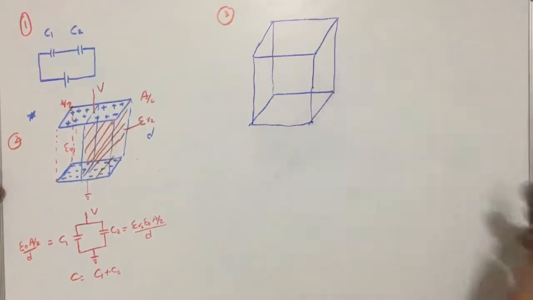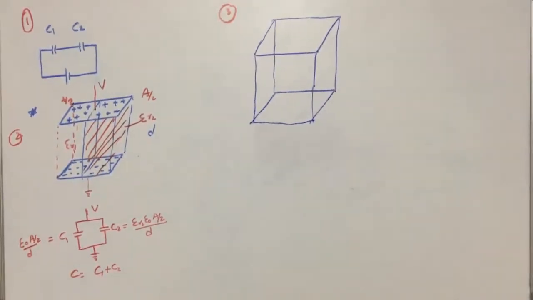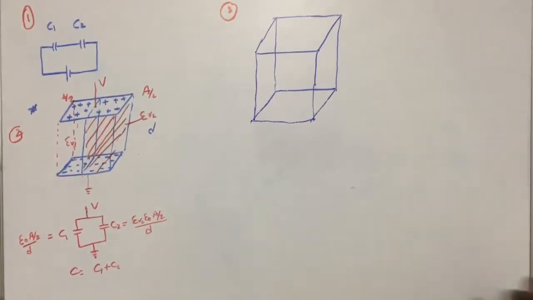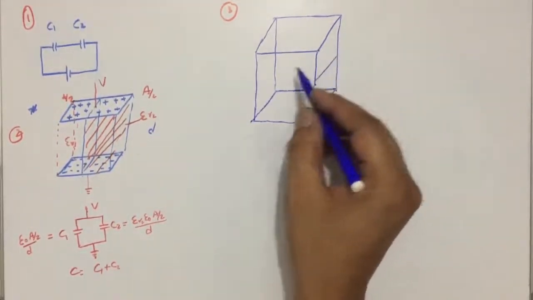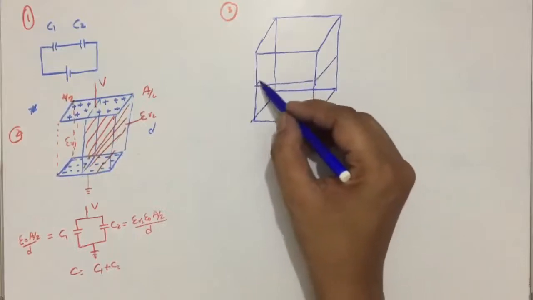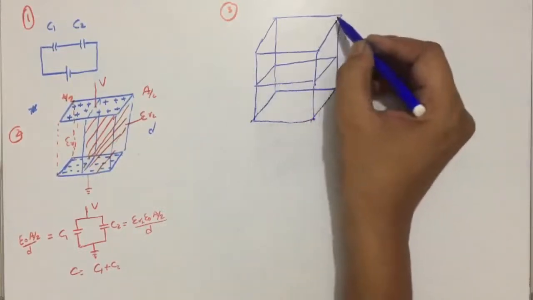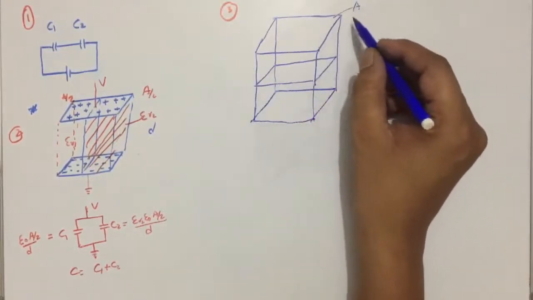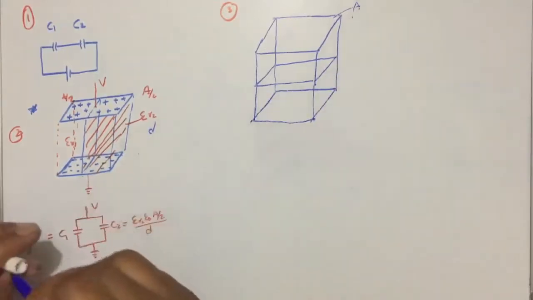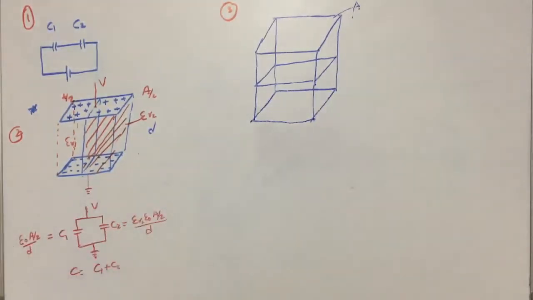Now third case we can consider. Where the capacitor is having, this is area A. Let me change the sketch.